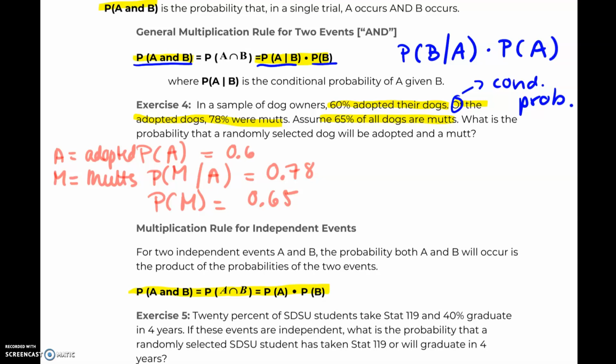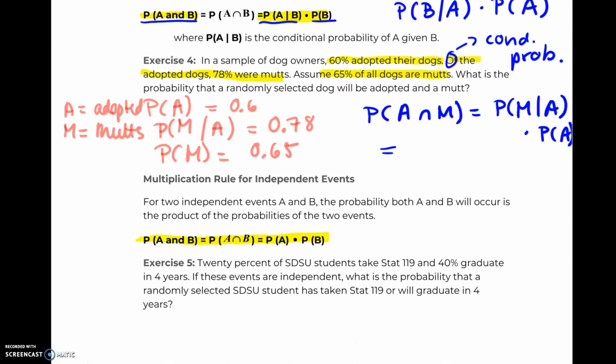So we are looking for the probability of A and M. And we know we have to use the conditional probability, and here we actually have mutt given adopted, that was M given A, and then we multiply times whatever came behind the slash, that's times the probability of A. Here we had additional information given with a probability of M, so we want to make sure that we're using the correct probability.